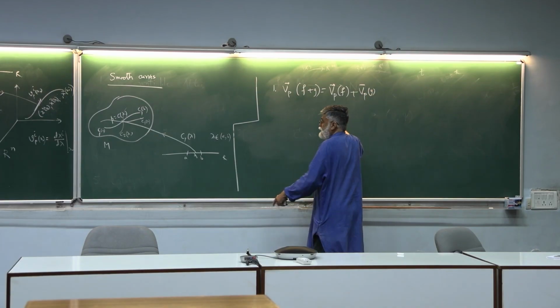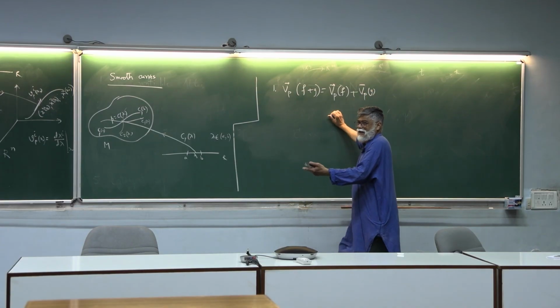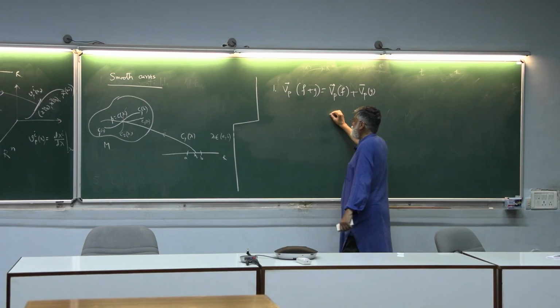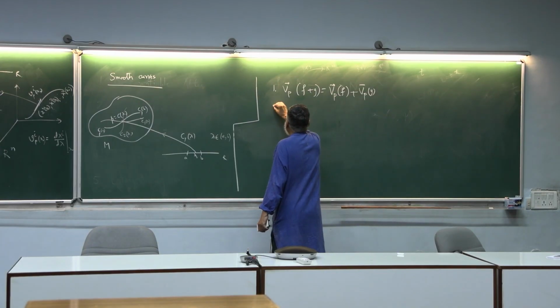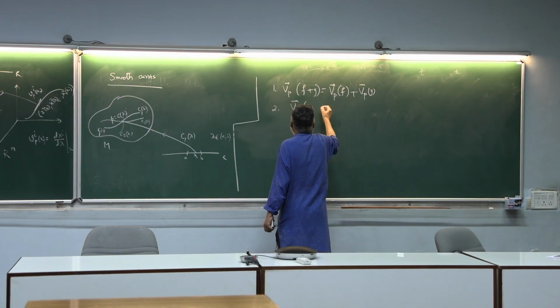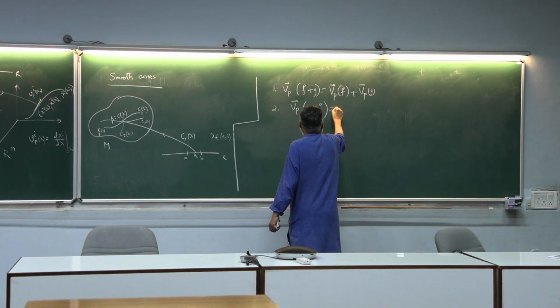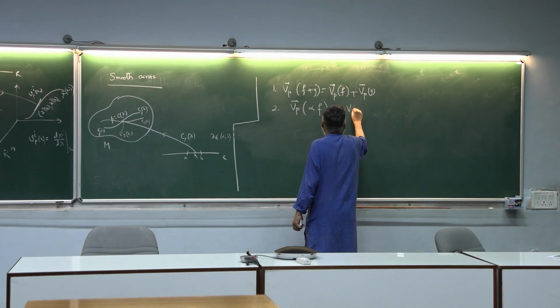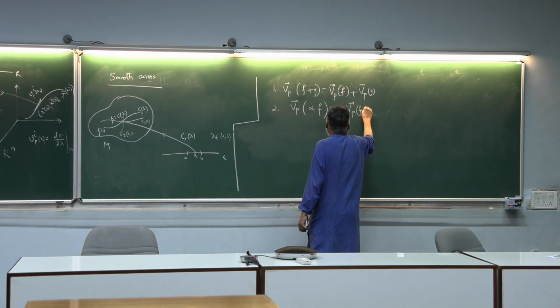This is obvious because del by del x^i is a linear operator, so I do not have to show this. Similarly, the other one is also obvious: V_P acting on any real number alpha times the function f is alpha V_P f.